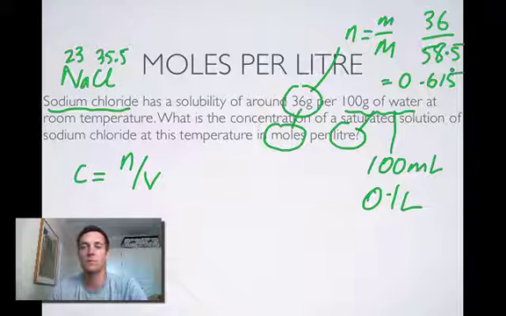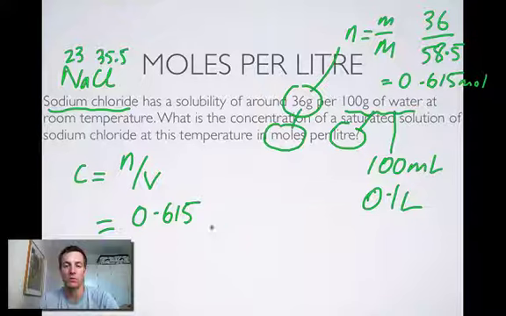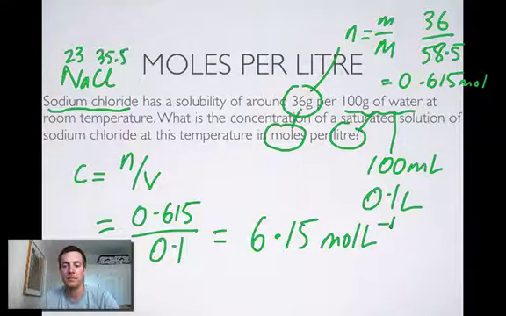That equals 0.615 moles. So I found the number of moles, I found the volume of the solution, so the concentration is 0.615 moles divided by the volume of the solution, 0.1 litres, which is the same thing as 6.15 moles per litre.